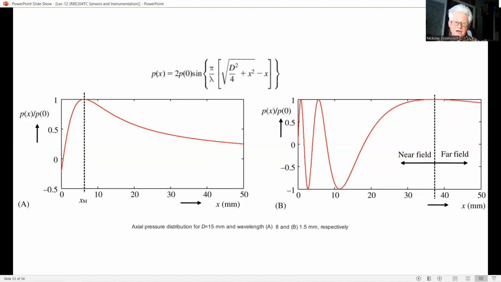For a circular piston, this directivity diagram is rotationally symmetric and can be represented in a plane. Imagine a sphere or circle with a radius r around the center of the transmitter.